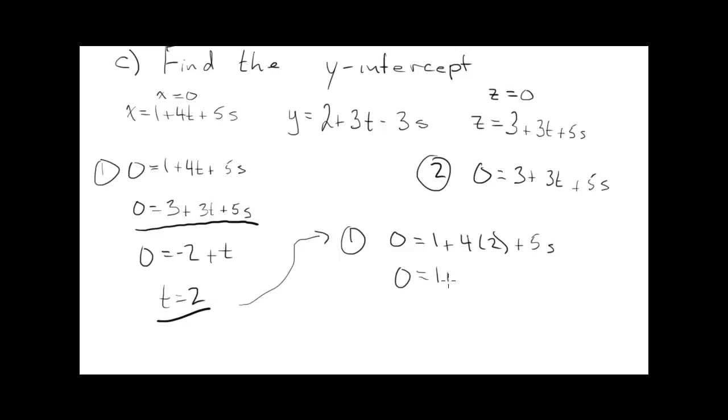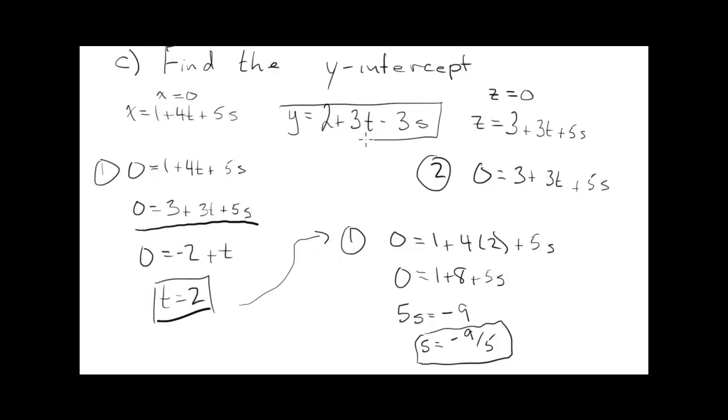So 0 equals 1 plus 8. So 5s equals -9, so s is equal to -9 over 5. So that's my s, that's my t. Now to get y, I'm just going to sub t into this and s into this.